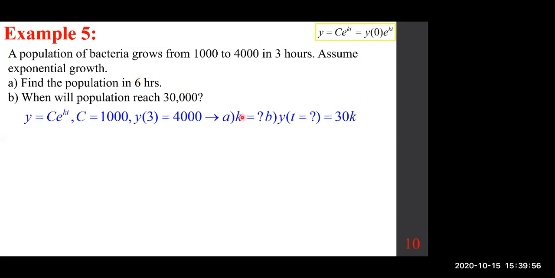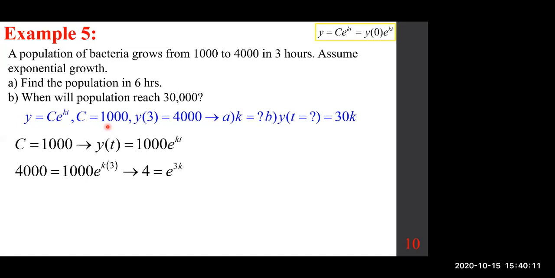To find the formula, what is missing? K is missing, everybody. So how do we find that? Very simple. C is replaced with 1,000, and then you write y of 3, which means 4,000.